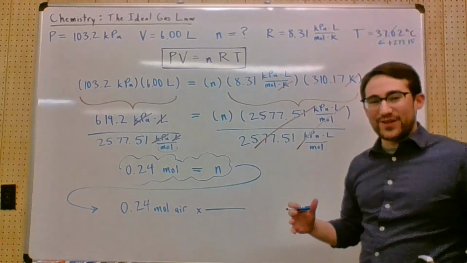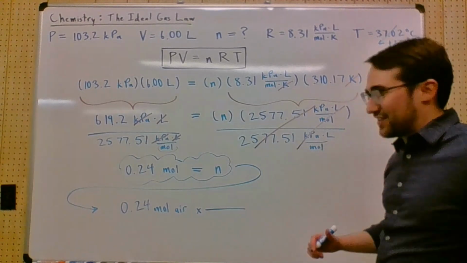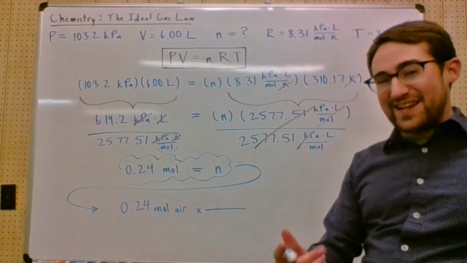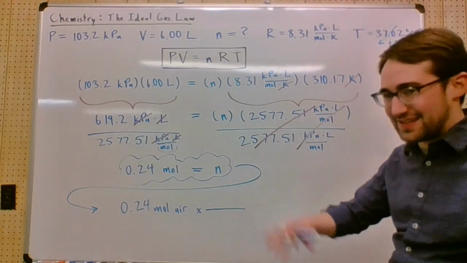Now, air is not something you find just on the periodic table. It's a mixture of gases. So in this problem, I have given you the molar mass of that mixture of air based on the percentages of all the stuff in it. And I just don't worry about it.